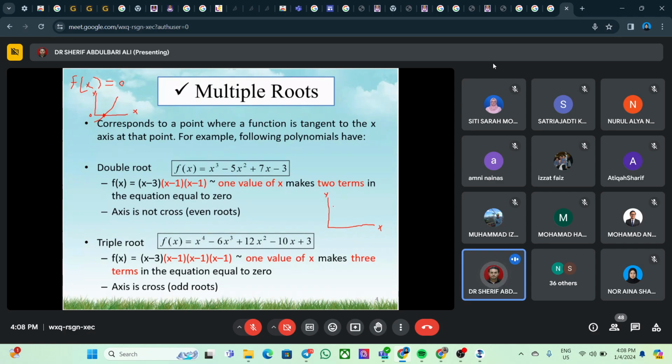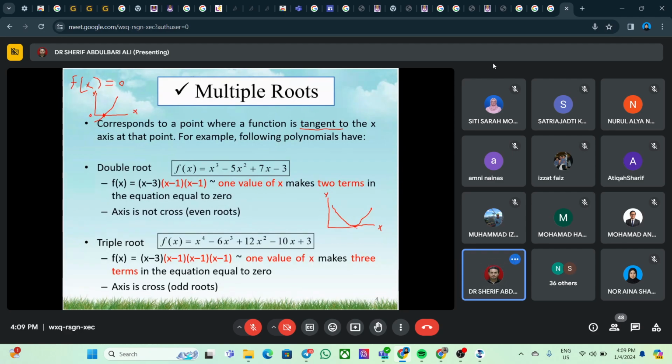When you draw the function, it is going to come to the x-axis, but it is not going to change sign. It is just going to touch the x-axis at one point and go up again. So that's why it corresponds to the point where the function is tangent to the x-axis.